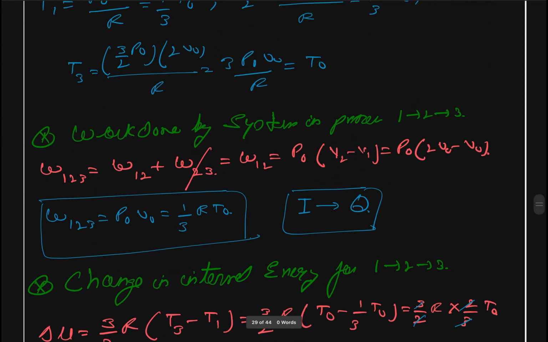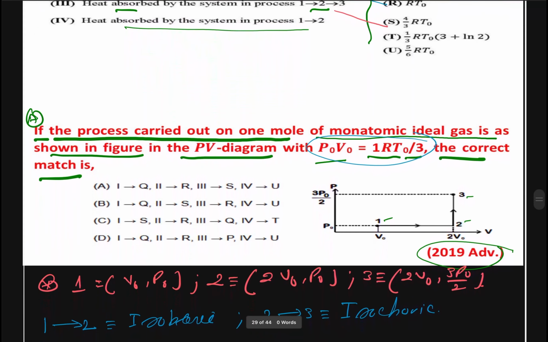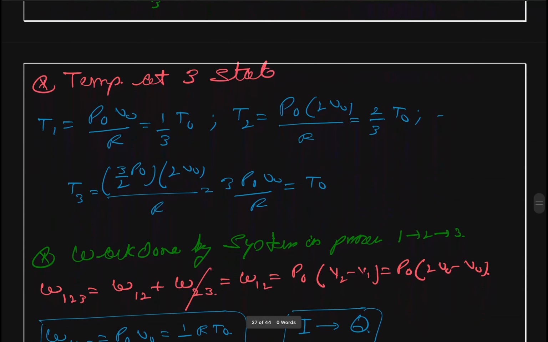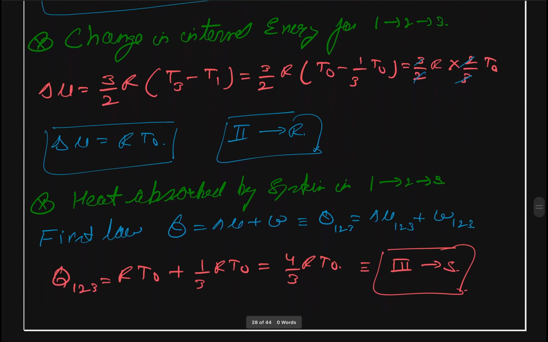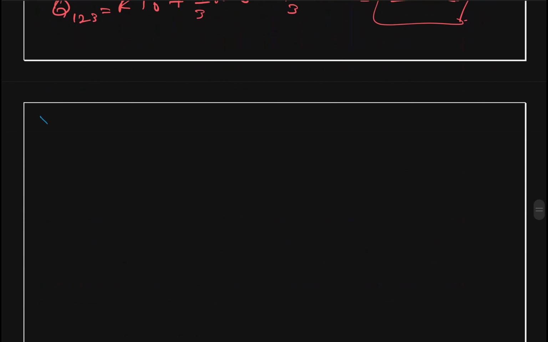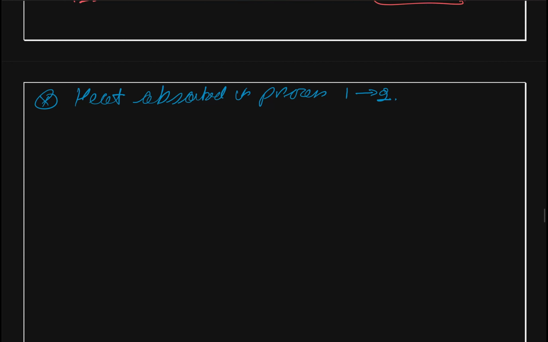And finally, in this part, we have to find out the heat absorbed in the process 1 to 2. So only 1 to 2 is required. So we can say delta U 1 to 2 is equal to 3 by 2 R and the temperature difference.